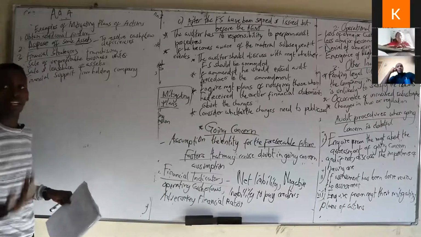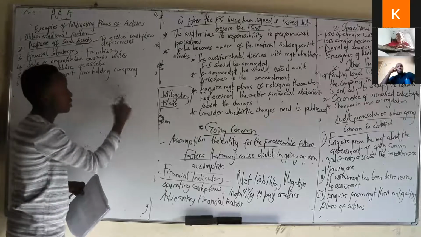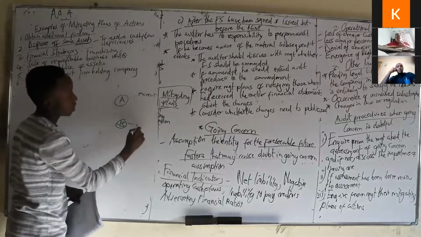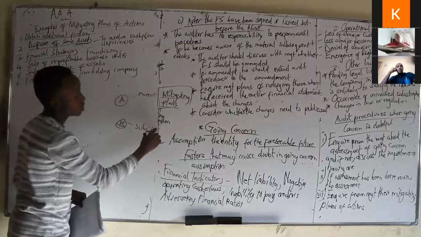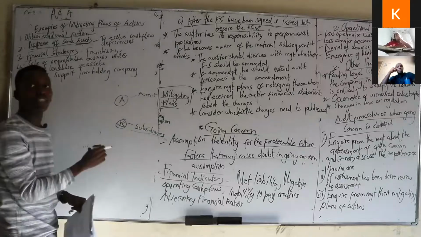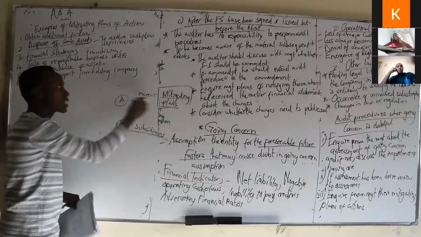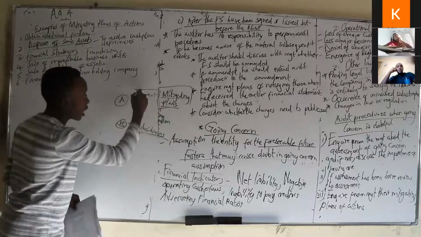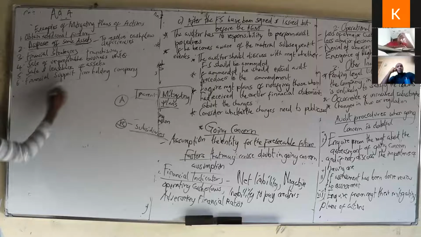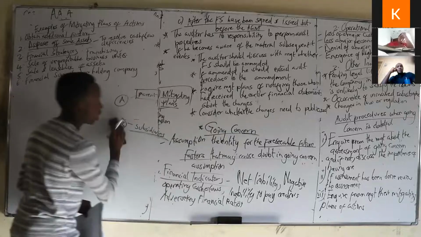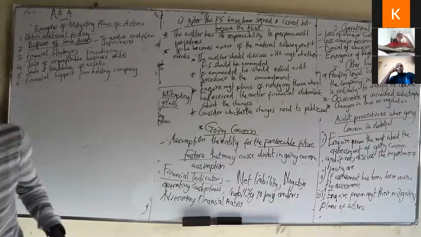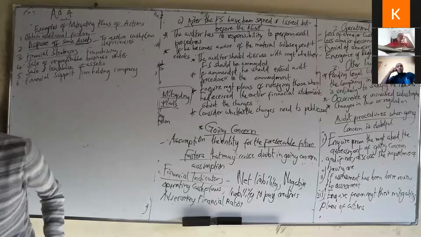Let's say you have company A and company B. This is the parent company and this is the subsidiary. A comfort letter is a form of reassurance that whenever the subsidiary is in financial distress, the parent company will come to their aid and assist them financially. We will look at that also when looking at management representation. So these are some examples of the mitigating plans of action that the company can have.